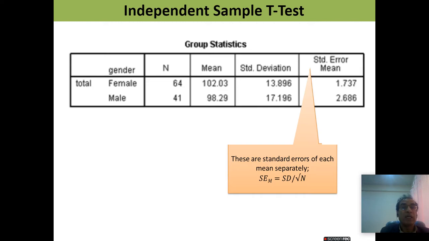The male number is 41. The mean of males is 98.2.